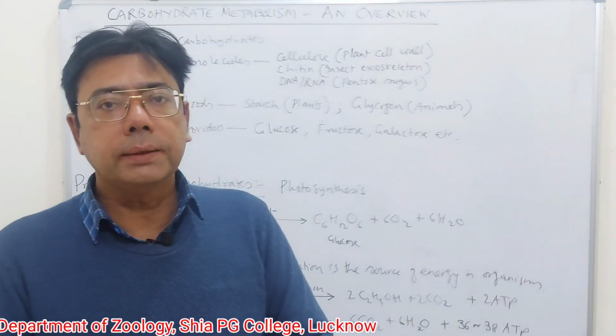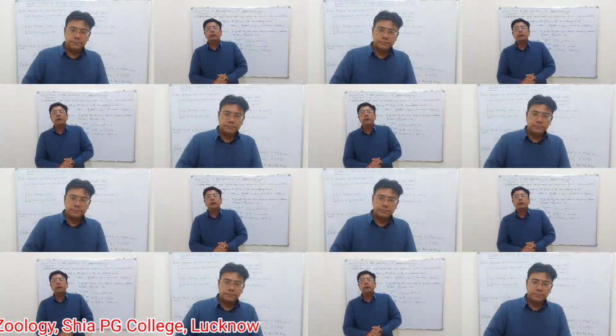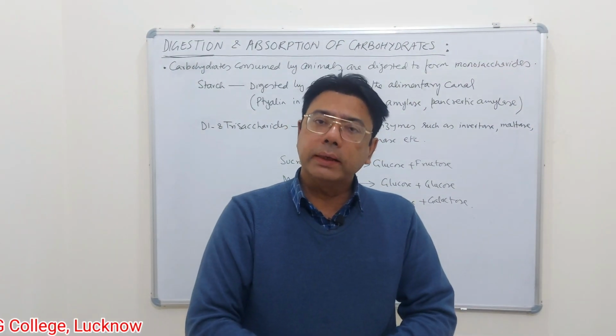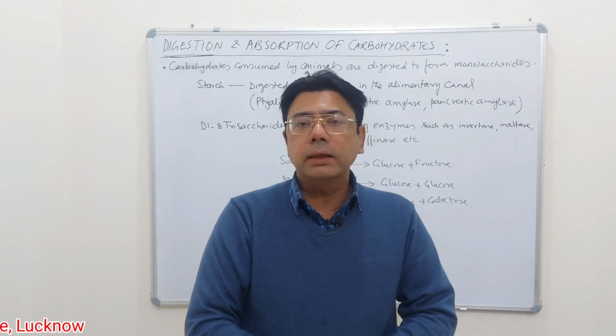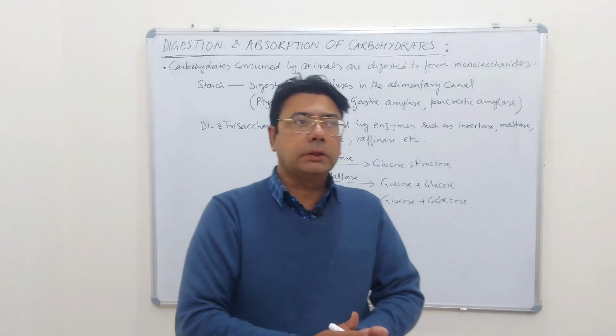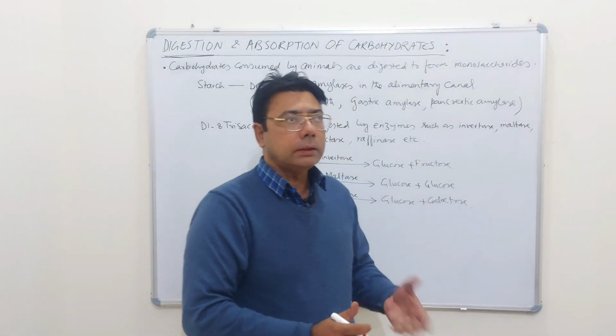Now we should first understand the digestion and absorption of carbohydrates in case of animals. All the carbohydrates being consumed by animals are first digested in their alimentary canal. For example, in our alimentary canal, starch that we obtain from plants is digested in stages.